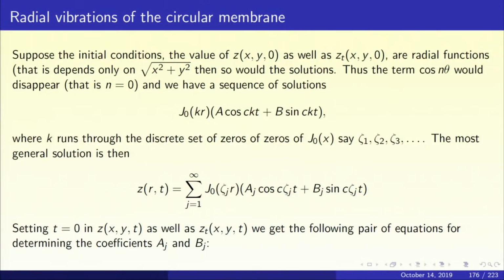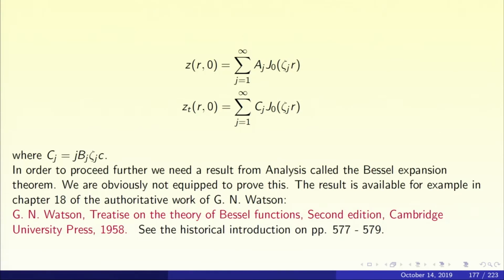Similarly, differentiate this last equation for z with respect to t and put t equal to 0. Then the bj's will survive, the aj's will go away because the cos becomes a sine and the sine becomes a cos. And so, we have the following pair of equations determining the coefficients aj and bj. Which are these two equations?